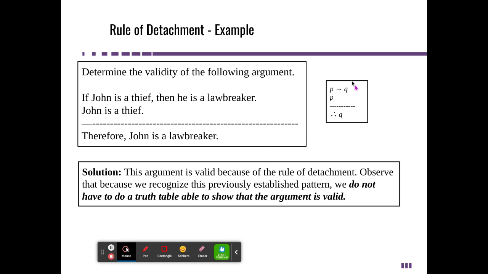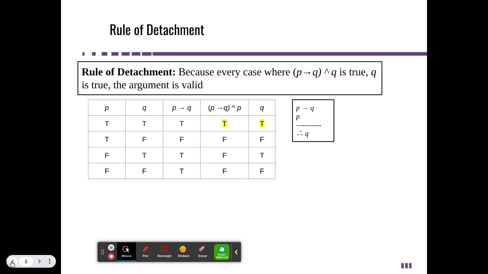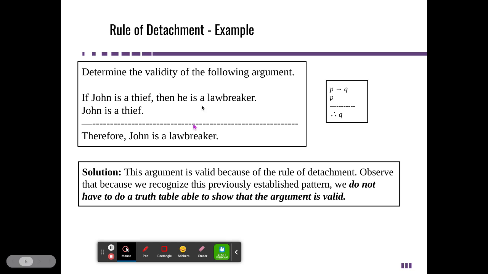We've already shown that if P then Q, and P, therefore Q. Even though it's a slightly different argument, it's still the same format. So if you have if P then Q, and P, we can go ahead and say that it's Q.